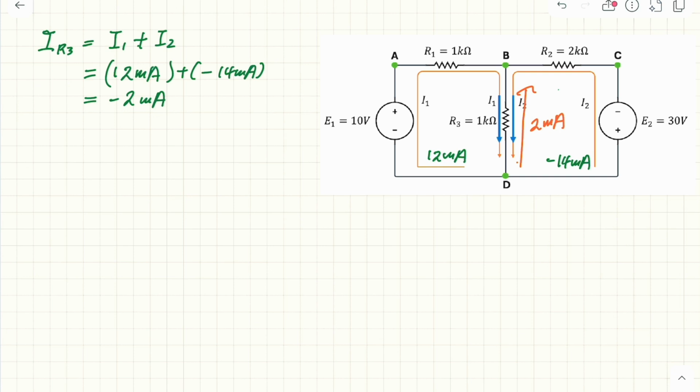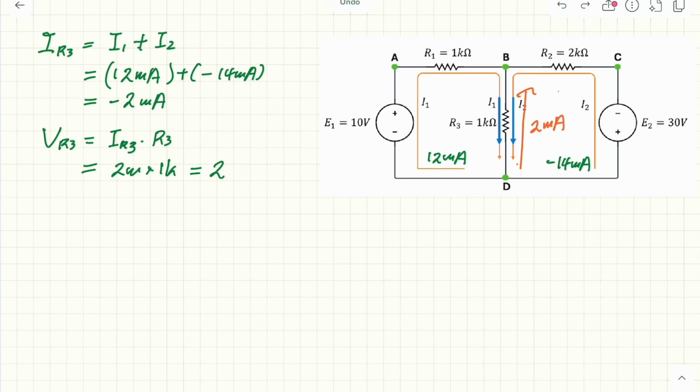The potential difference across R3, which is VR3, equal to IR3 times R3. So let's just put the absolute value because we know which side is higher, which side is lower. So IR3 is 2M, R3 is 1K. Again, this is 2 volt.